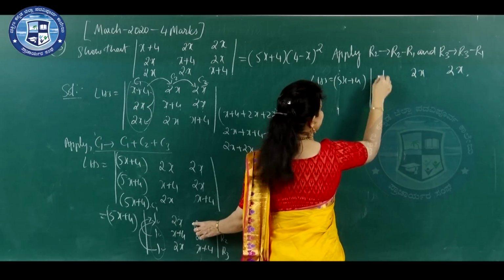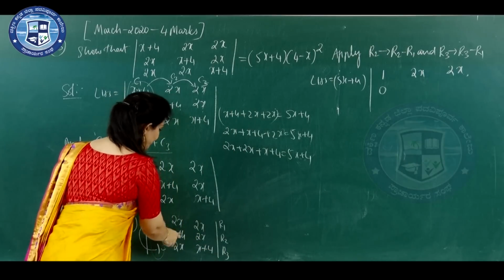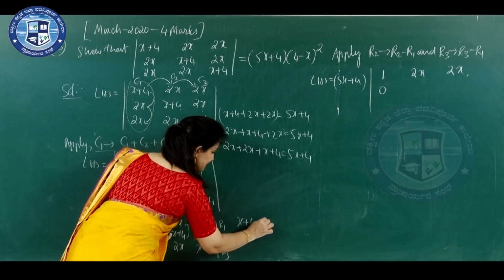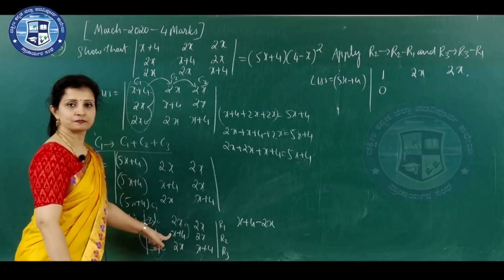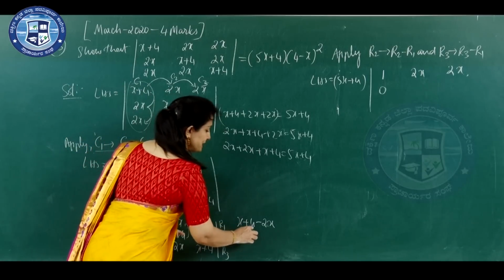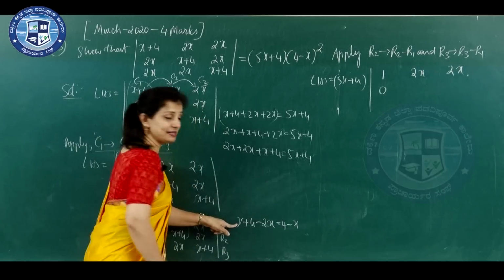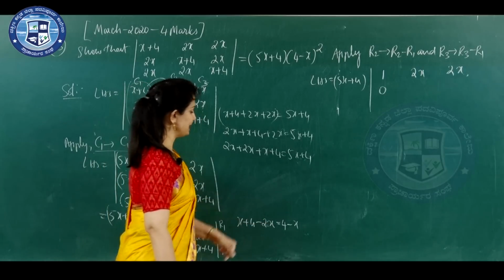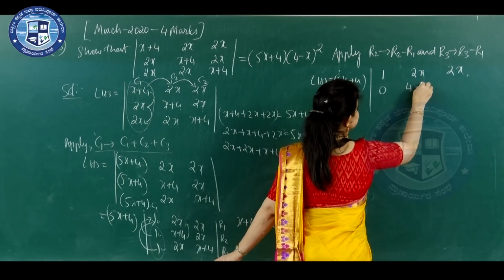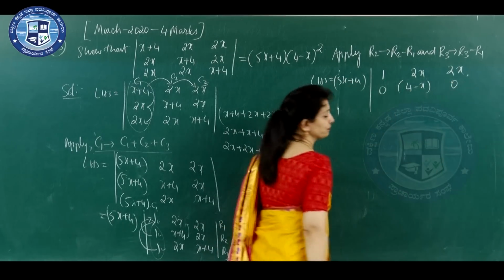Second row element 1 minus 1, 0, then R2 minus R1: x plus 4 minus 2x, how much? 4 minus x. Then 2x minus 2x, 0.